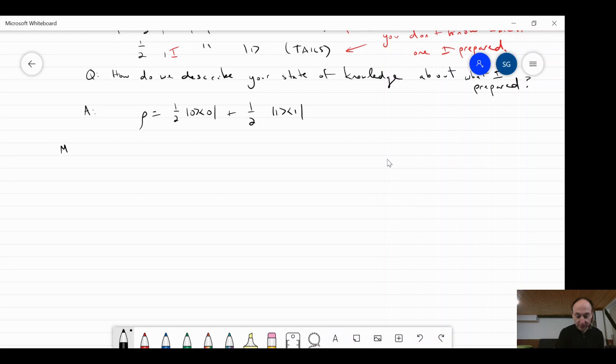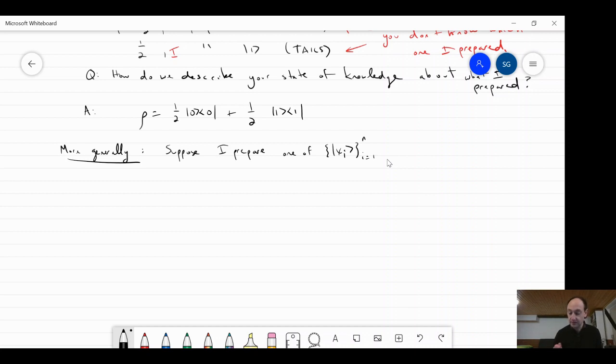More generally, suppose I prepare one of some set of states. Notice how these states do not need to be orthonormal. They can be any set of states in the world. I prepare some set of states indexed by i, up to some number n.